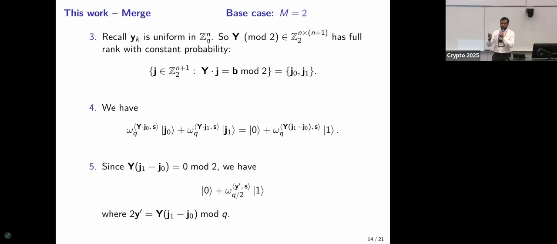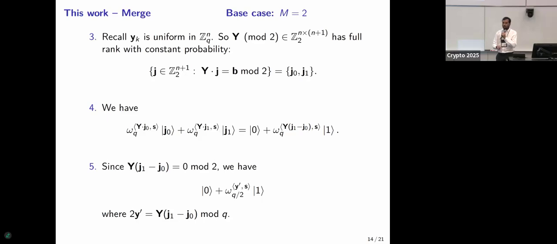And that's why we can rewrite this quantum state in this form because Q is a power of 2. This algorithm works for Q a power of 2. So we can rewrite it as this quantum state where the new Q is Q/2 and Y prime is also known, because the capital Y was known in the starting and we know the solutions of this system of linear equations, which are J0 and J1. So that's the one step of the algorithm where we go from UEDCP bar mod Q to UEDCP bar mod Q/2.